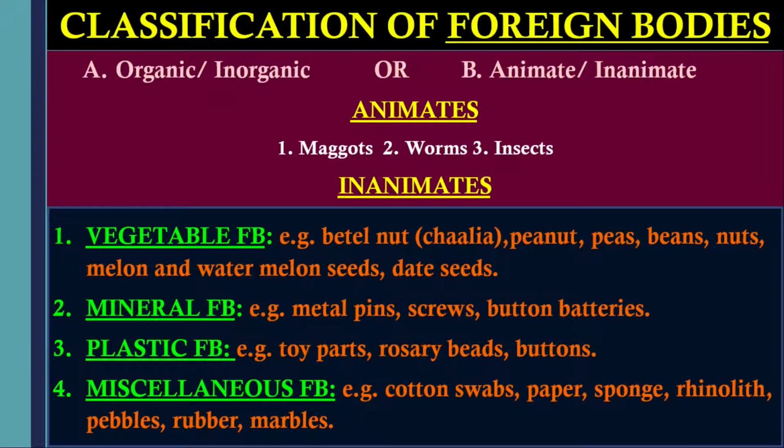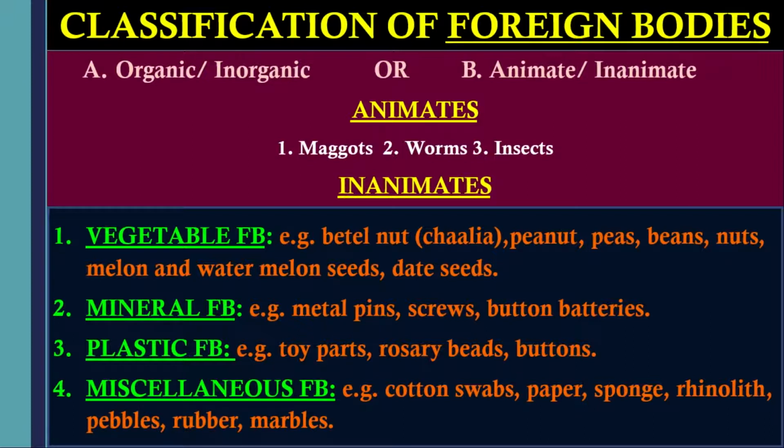Now, how do we classify foreign bodies? As far as the classification is concerned, one can subdivide the foreign bodies into two types: either organic or inorganic, or animate and inanimate.